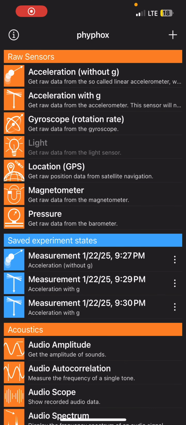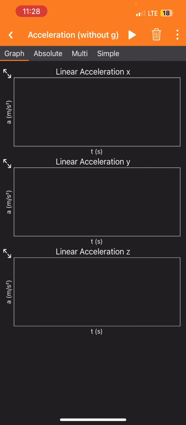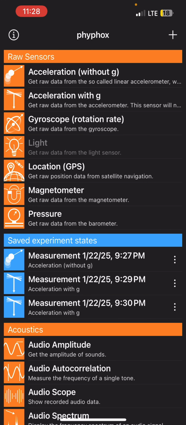I'll go over the accelerometer specifically. The accelerometer involves itself in these 2 scenarios specifically that I'm going to look at: 1, the acceleration without gravity, and 2, the acceleration with gravity. I'll be doing experiments with both of these. One experiment without gravity, where I'll be sliding my phone across the table and seeing the acceleration in the X, Y, and Z directions.